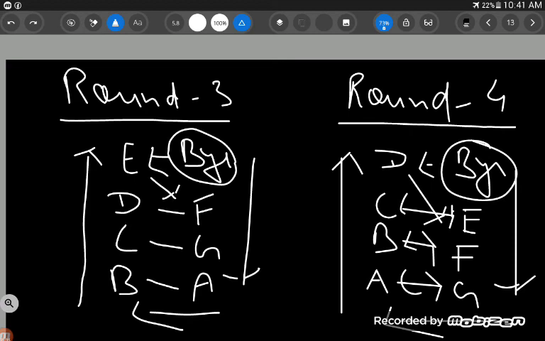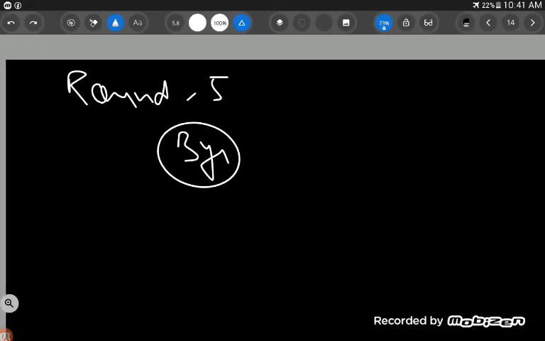When it is rotated, C team will come at the place of D. Okay?